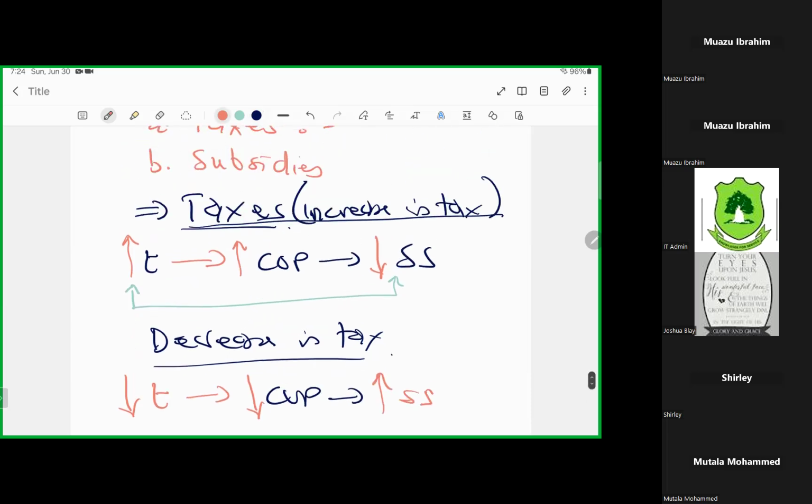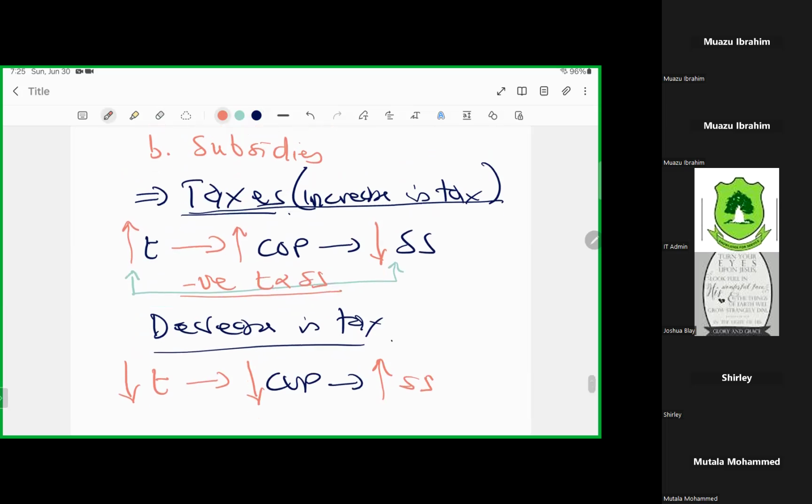So in the first case, where we have an increase in tax, you will realize that there is a negative relationship between tax and supply.